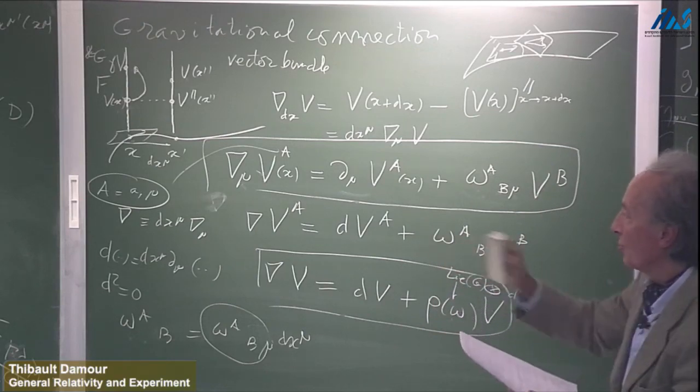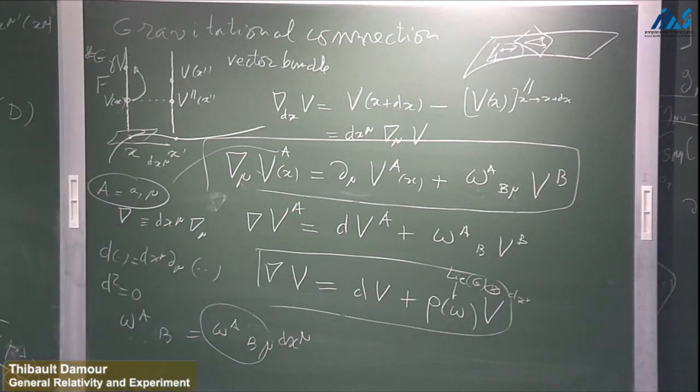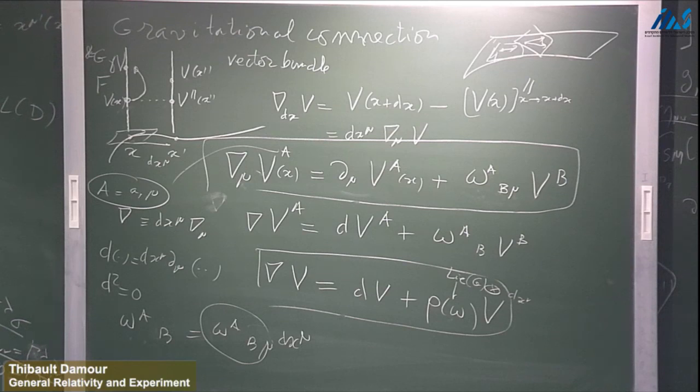So let me write the solution, actually. I can write it here. I don't need this extra formula here. So this is the general definition of a connection. Now, you can solve these equations. And when you solve this equation, which means that in natural coordinates gamma is symmetric under these two indices down, keeping the third index up, this is a good exercise to find that the unique solution is given by the following: gamma lambda mu.